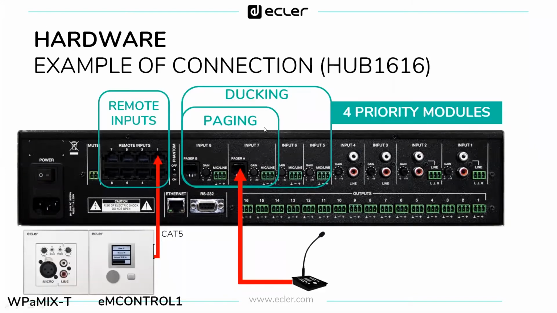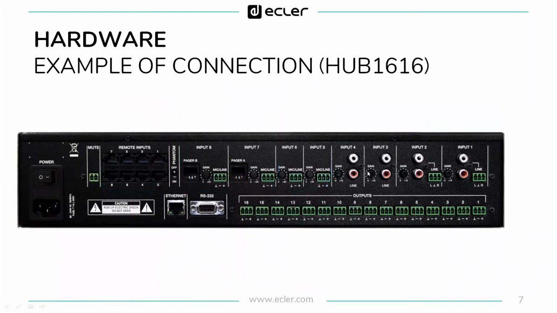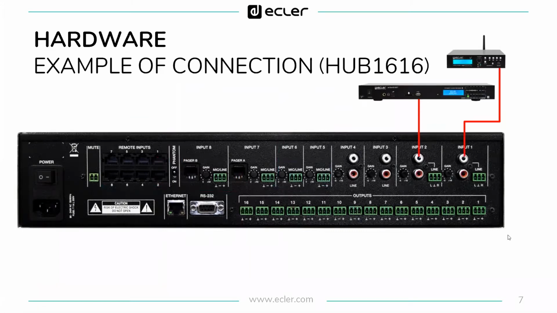All right. So we were saying that this is important to be taken into account: paging, ducking inputs, and remote inputs. So the final possible solution would be to have a couple of players in inputs 1 and 2, a couple of microphones in inputs 5 and 6.